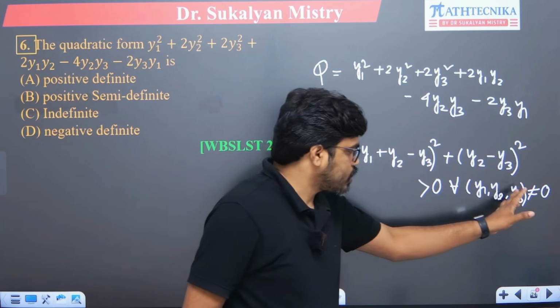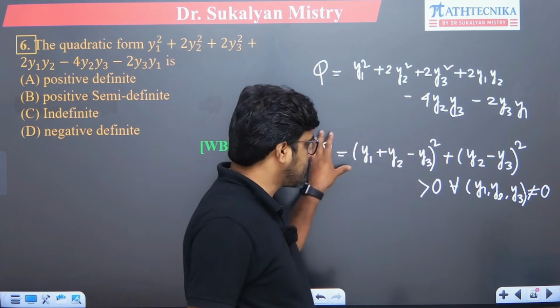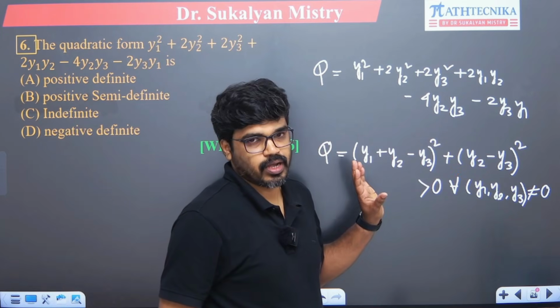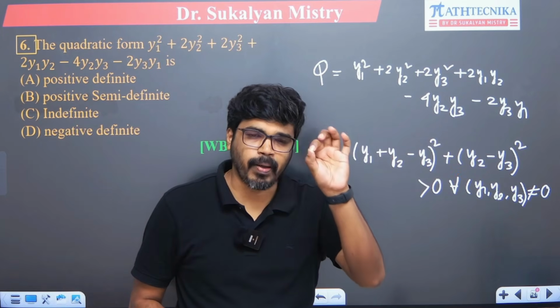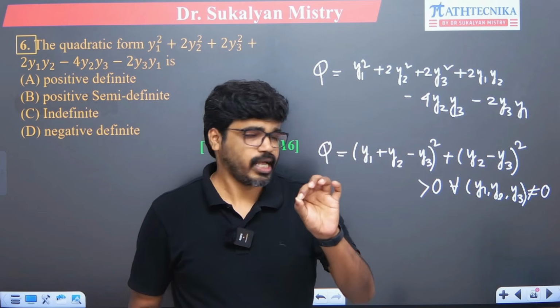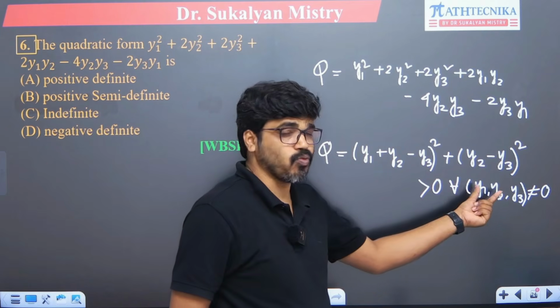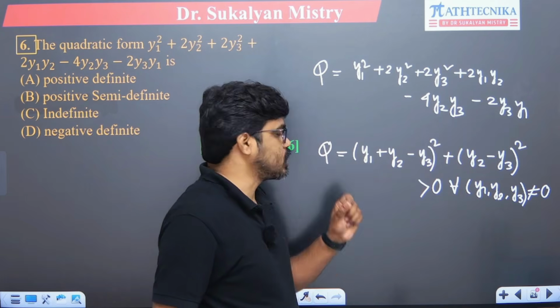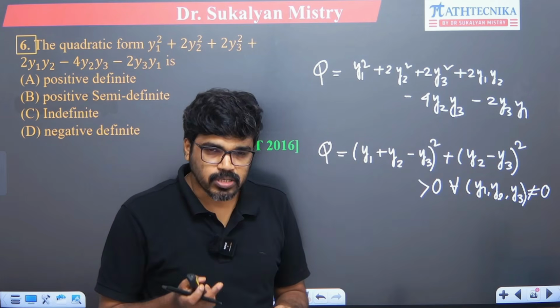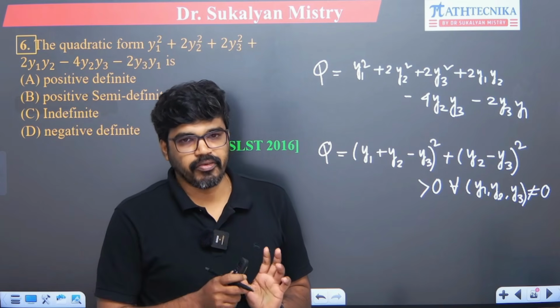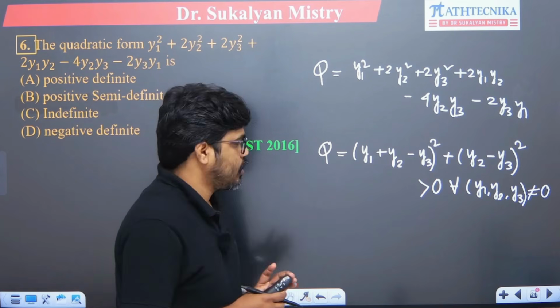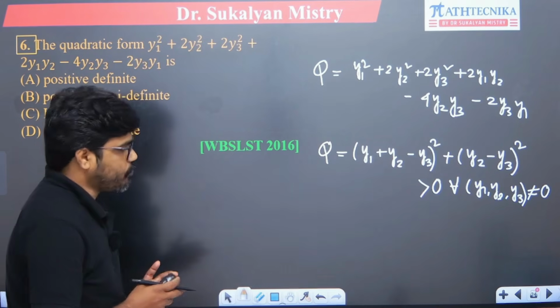For x not equal to 0, this is greater than 0, and if there exists some value of x, that is if there exists some value of y for which q is 0, then it is positive semi definite, right? So here we see that q is greater than 0.